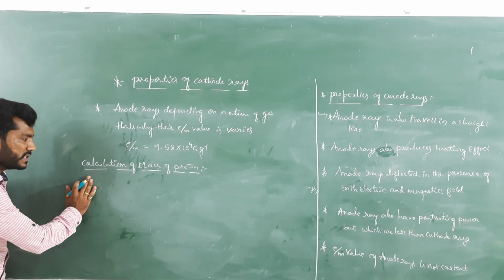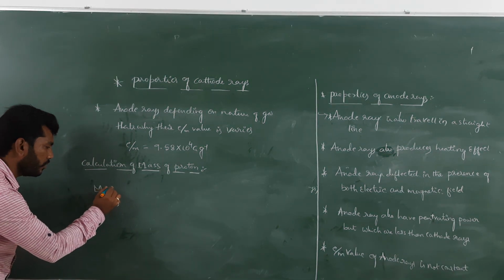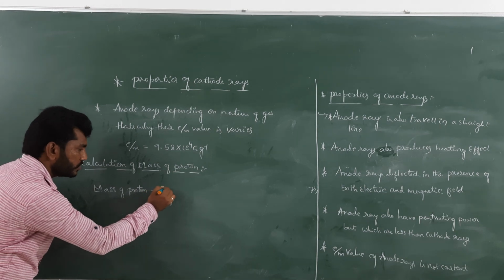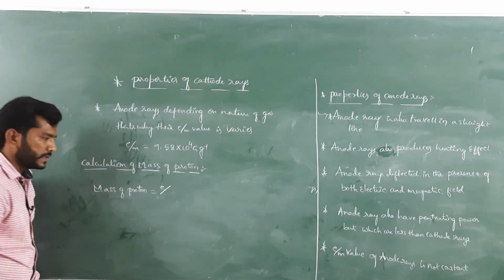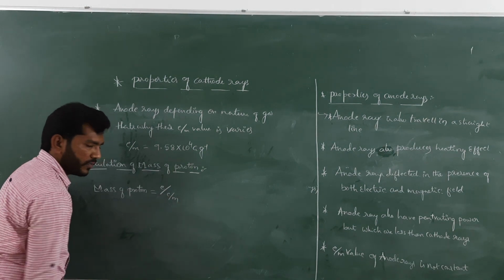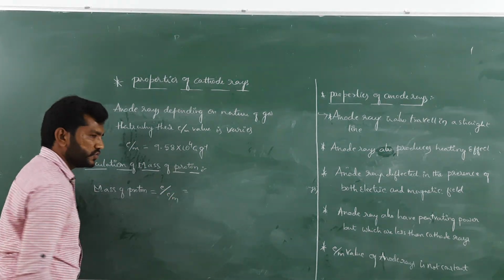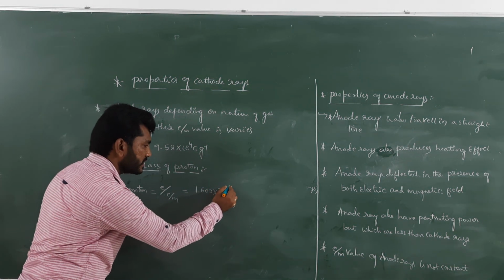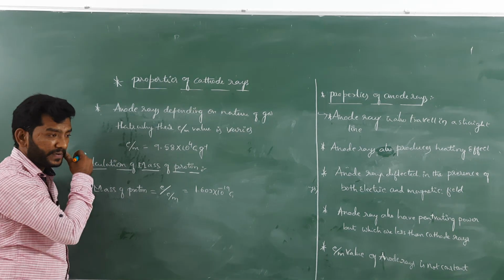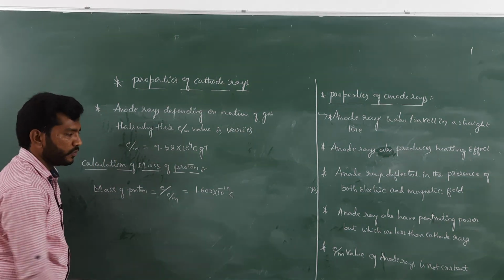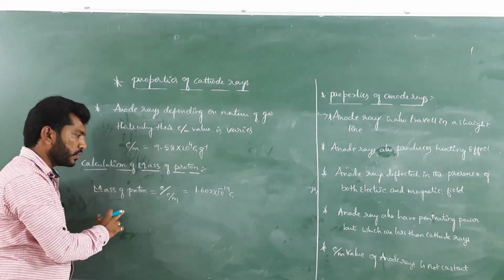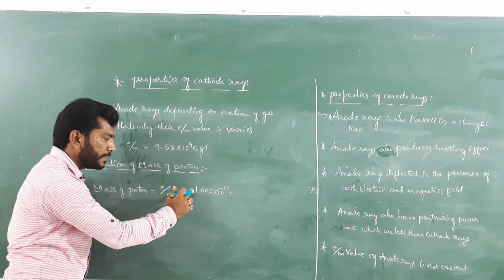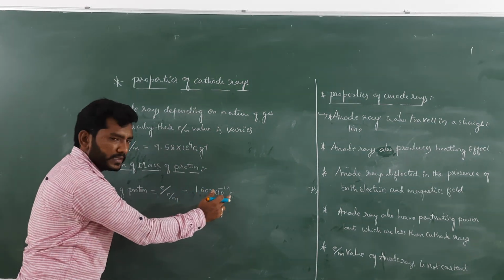So for the calculation of the mass of proton, the formula is: mass of proton equals the charge on the proton divided by the e by m value of the proton. The charge on the proton is 1.602 into 10 to the power of minus 19 coulomb. In the case of the electron, the charge would be minus 1.602, but since the proton has positive charge, its value is plus 1.602 into 10 to the power of minus 19 coulomb.